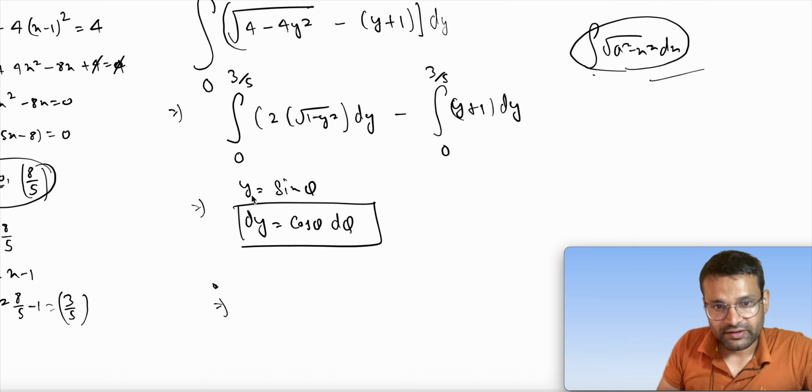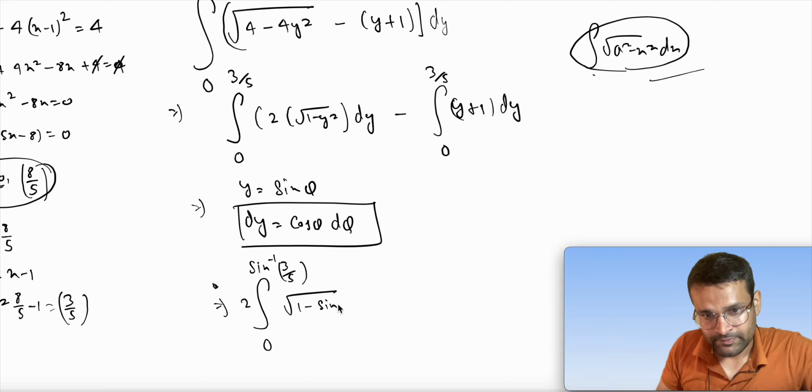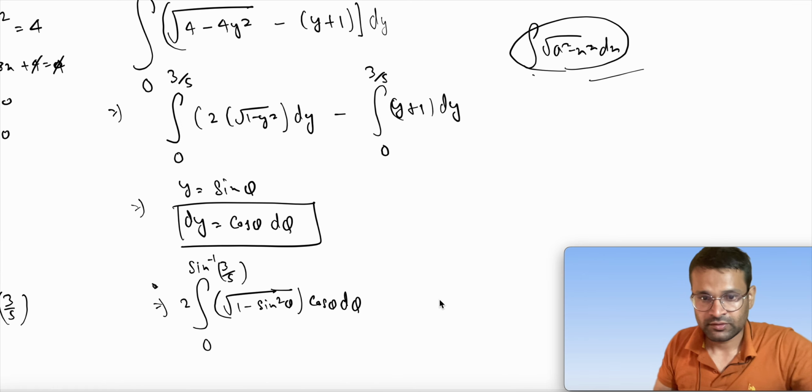So when we put the value, in place of y 0 the limit is 0, and here it is sine inverse 3 by 5. Now root of 1 minus sine square theta, times cos theta d theta.